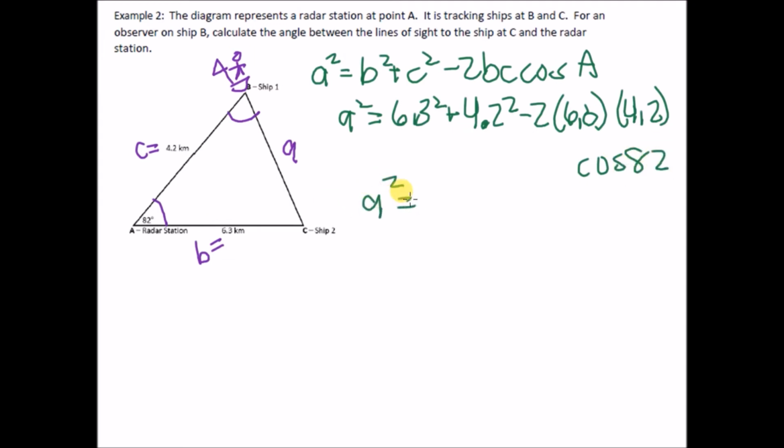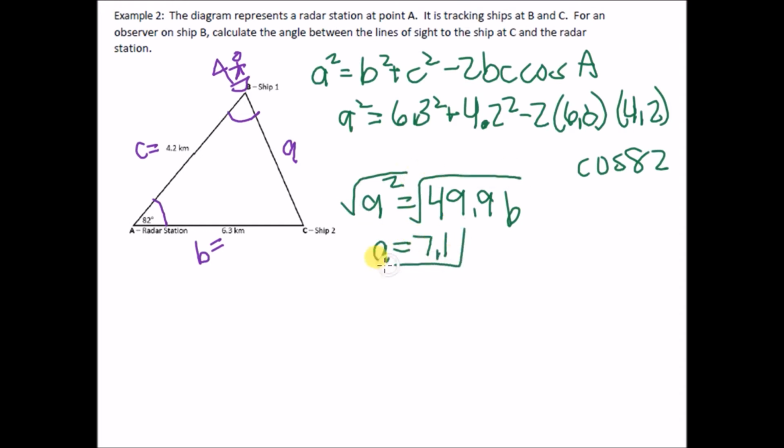Okay, remember, this entire thing should be able to go into your calculator. Minus 2, 6.3, 4.2, cos 82. I get 49.96. Now, when we root both sides, I get 7.1. Okay, and that's going to be in kilometers. So, going back to purple, A is 7.1 kilometers.